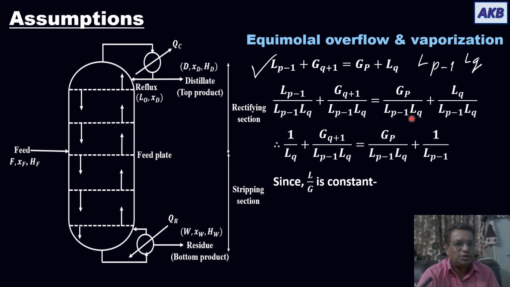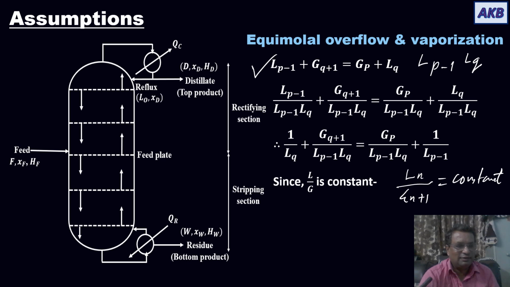Same thing, nothing is going to happen with this term. It will remain as it is. Whereas in the last term, LQ is going to get cancelled out and we are left with this term 1 upon LP minus 1. Okay, so again, since L by G is constant in the rectifying section, that means Ln upon Gn plus 1 is constant throughout the rectifying section.